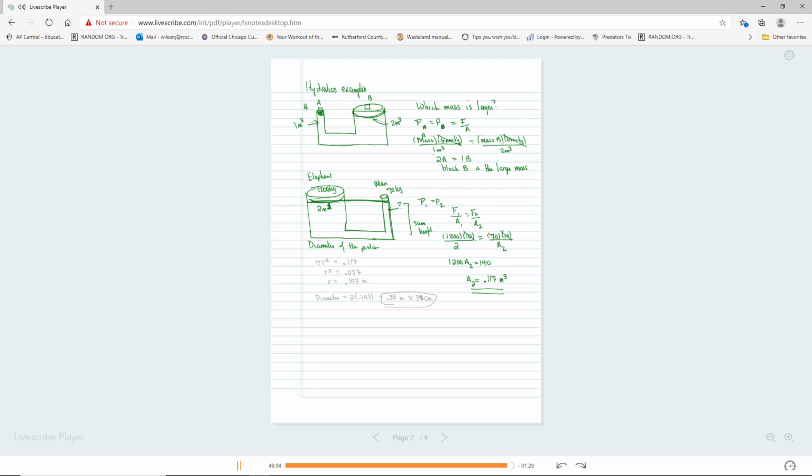How am I going to get to the diameter? What should I do? Divide by pi, and then take the square root, because the area of a circle is pi r squared. And yes, I'm definitely going to need a calculator for this.